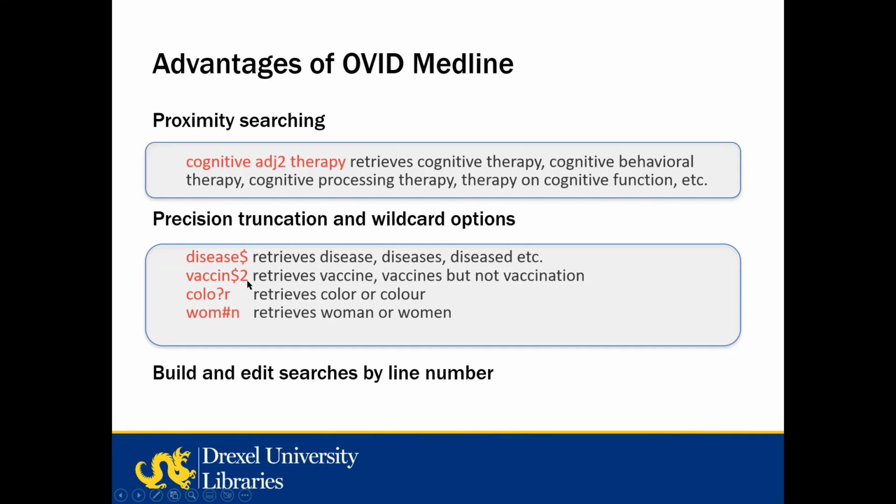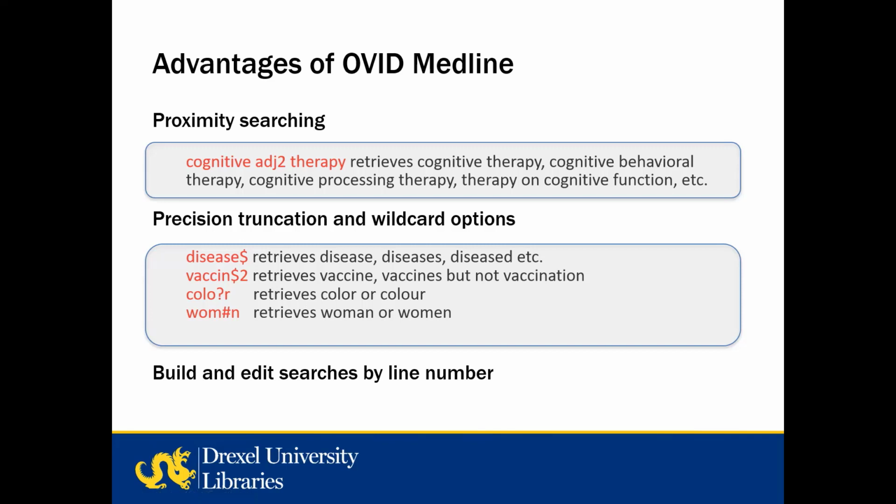You can also specify that you only want it within 2 letters. So while vaccine, $2 is going to retrieve vaccine and vaccines, it's not going to retrieve vaccination because that's more than 2 letters. You can use internal wildcards as well as specific internal wildcards, and that's really helpful when you're looking for word variations.